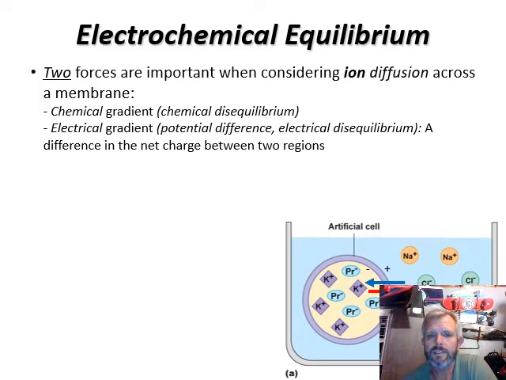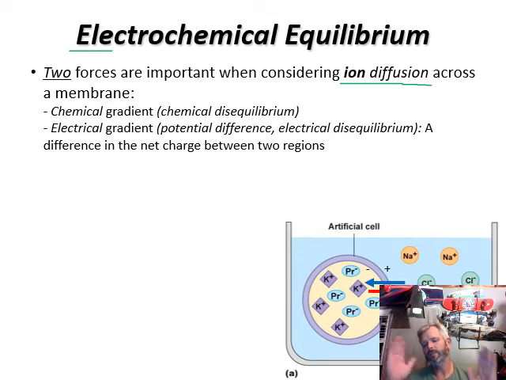All right, so as I said, there are two forces that are going to be in play in how the ions move. For ion diffusion, we've already seen diffusion, right? Concentration gradients are going to cause molecules to move, but now we're adding another component in here. There is an electrical gradient that is also a force that can have an effect on movement of ions.